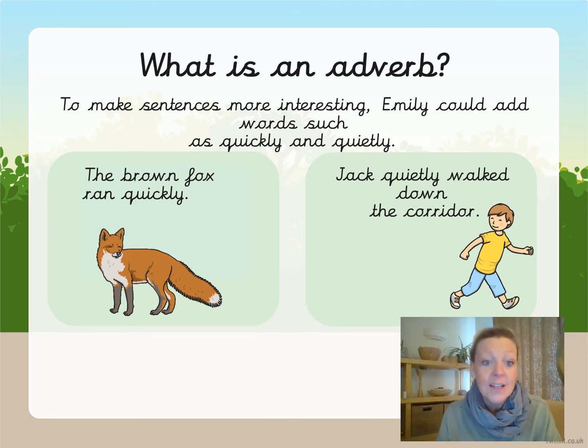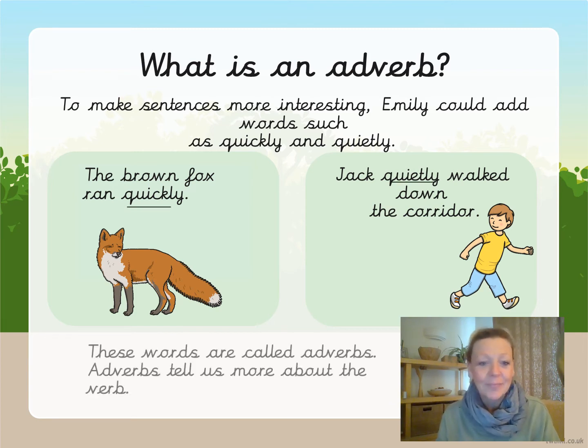So look at the two sentences. Can you remember what are the two words we've added? Which ones are the adverbs? Quickly and quietly. These words are called adverbs. Adverbs tell us more about the verb.